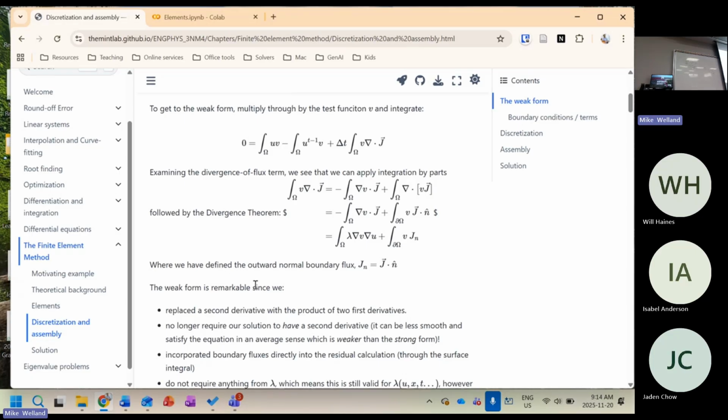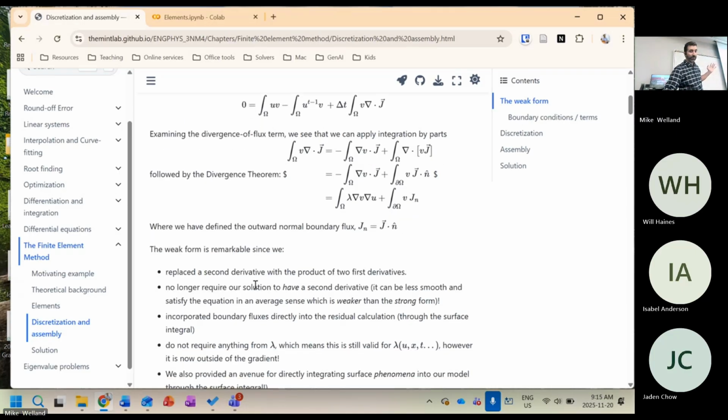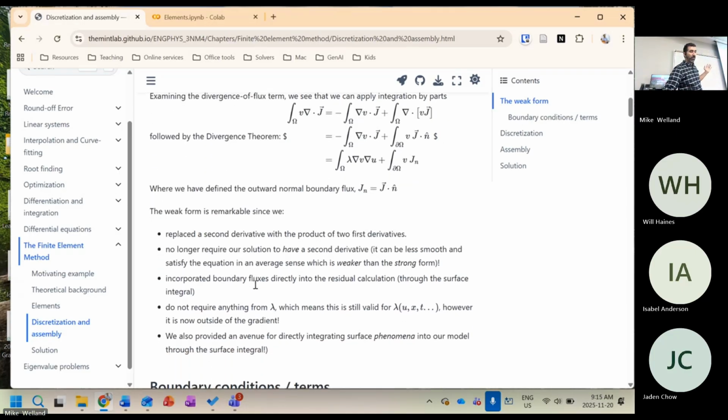But through this magic, we've only got one derivative in U. And we've shifted one of those derivatives magically onto our shape function. Okay? We have replaced our second order derivative with the product of two first derivatives.